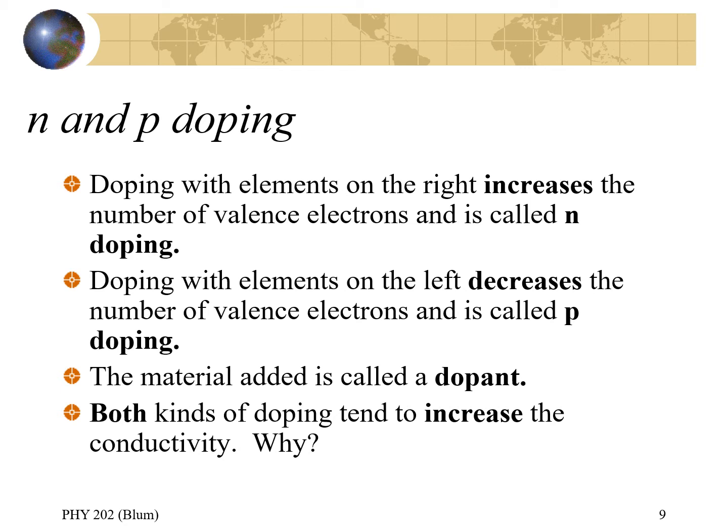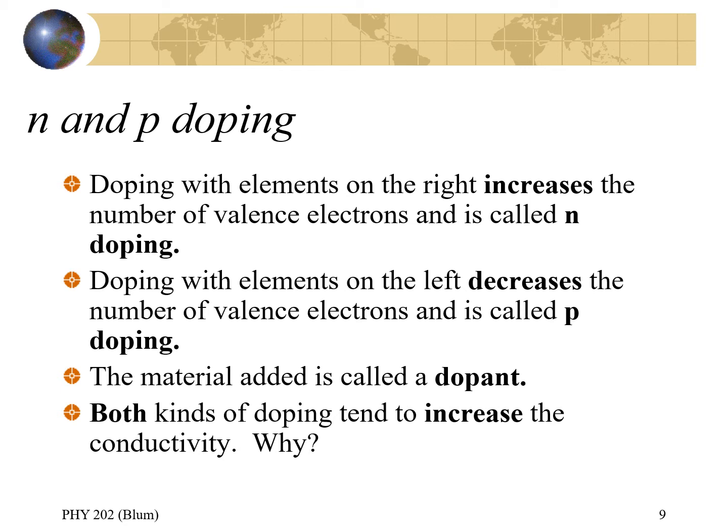So when you dope with elements on the right, you are increasing the number of valence electrons, and this is known as n-doping. If you dope with elements on the left, you are decreasing the number of valence electrons, and this is called p-doping. The material you add is known as the dopant.